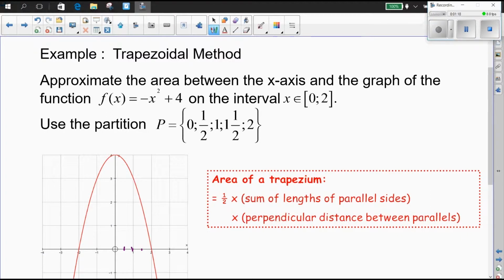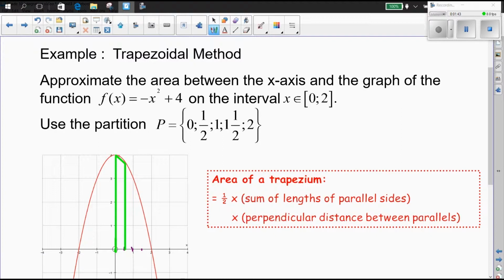So I start at x equals 0, and that would be one of the parallel sides of the trapezium. I draw another line parallel to the y-axis at x equals half, and that is my first trapezium.